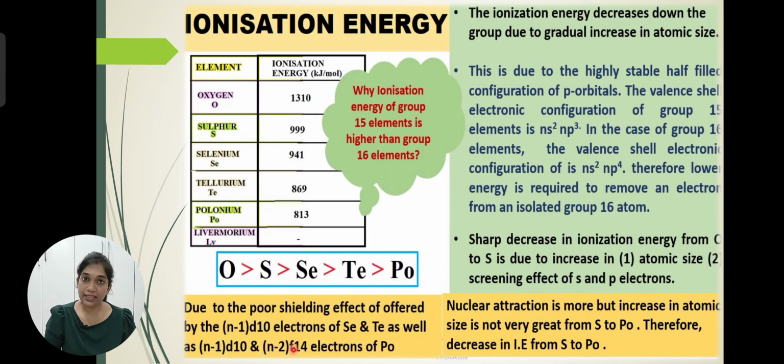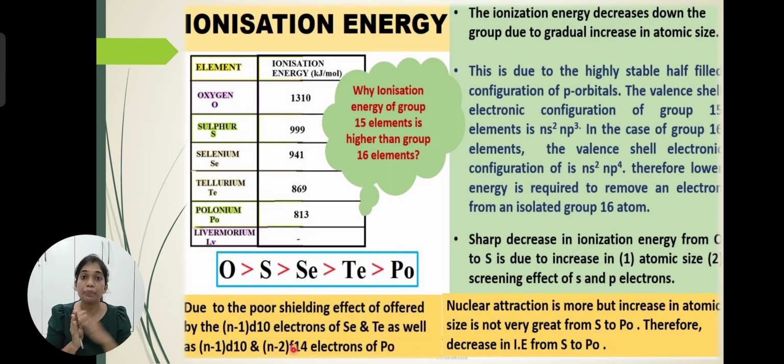If the atomic size is increasing, the attraction between the nucleus and the outermost orbital is less in a big atom, so it is easy to remove an electron. If the size is small, it is hard to remove an electron, because there is more attraction between the nucleus and the outermost shell. So as we move down the group, ionization energy decreases.